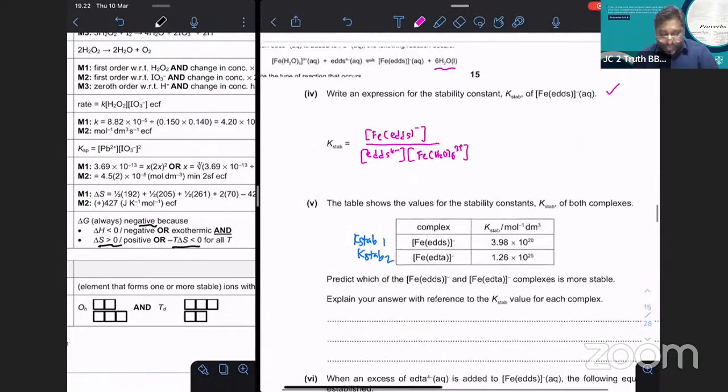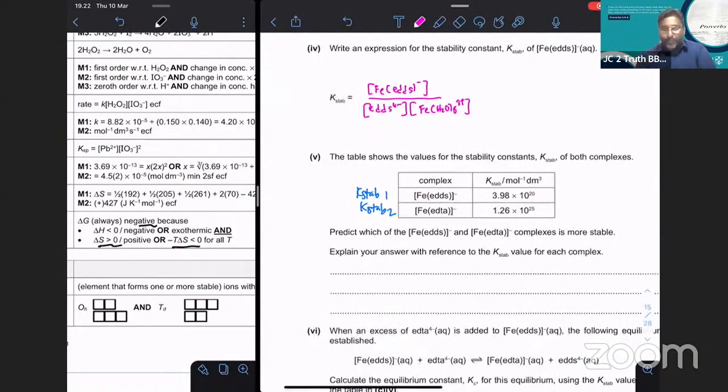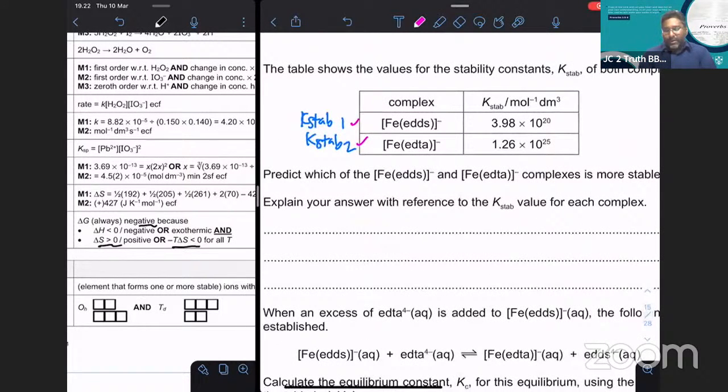Now the table below shows the value of stability constant of both complexes. So let's say I put it as K step 1 and K step 2 for later questions. If you look at K step, the stability constant, you can see this is a bigger value. The bigger value of stability constant tells us that that particular complex is more stable.